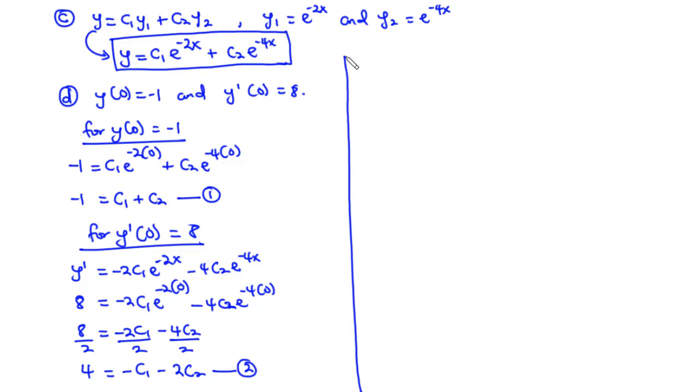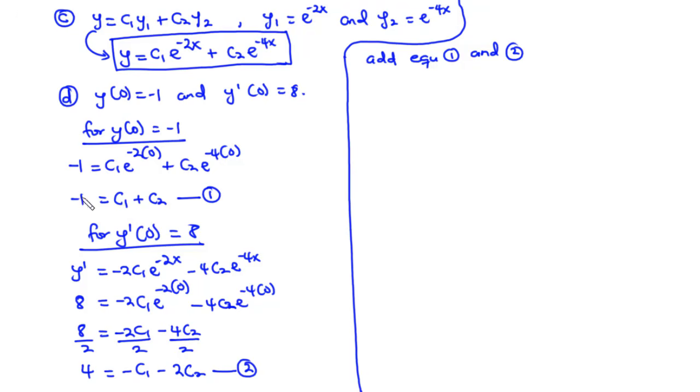Now we are going to solve the two equations simultaneously to obtain the values of C1 and C2. So let's try to add equation 1 and equation 2, because here we have C1 and negative C1. So if we add the two equations, C1 goes to 0.